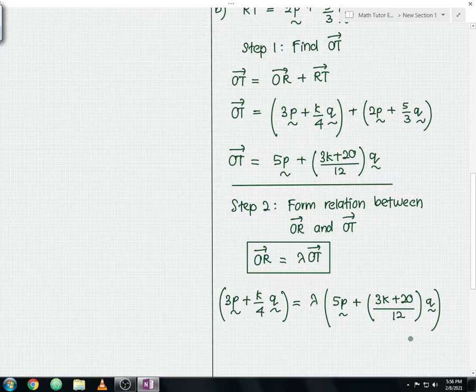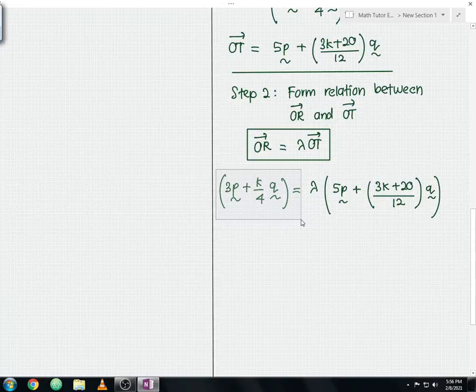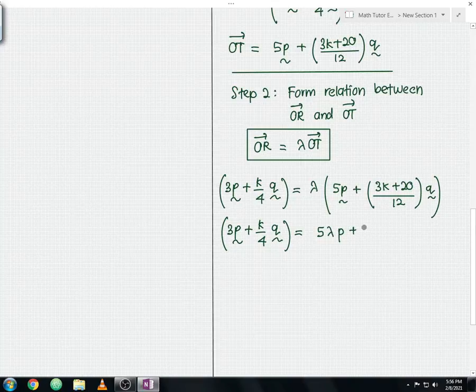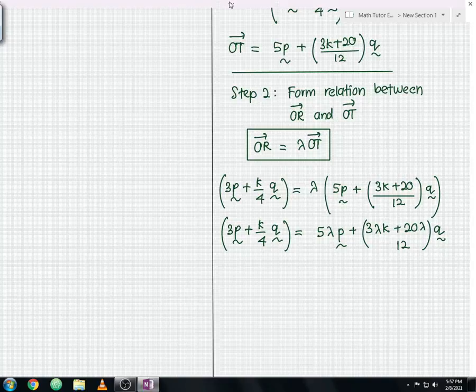Okay, so from here, the lambda you times in, you should get, okay, the left hand side still remains the same. So 3p plus k over 4 q is equal to 5 lambda p plus 3 lambda k plus 20 lambda over 12 close bracket q. Okay, let me underline the fraction.